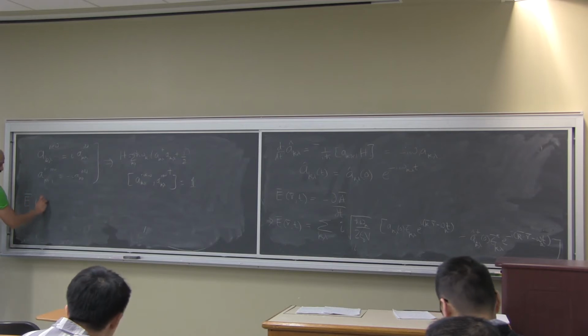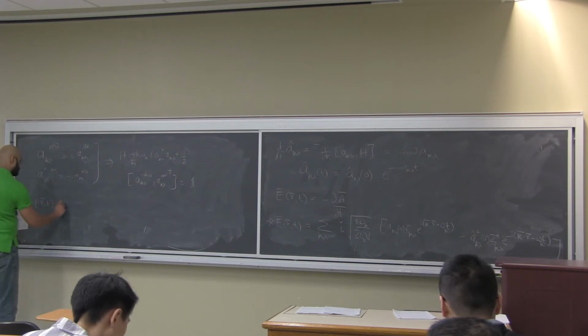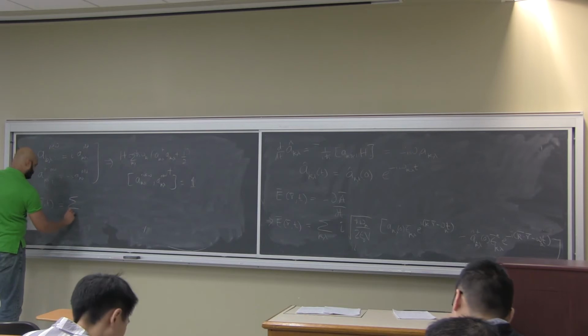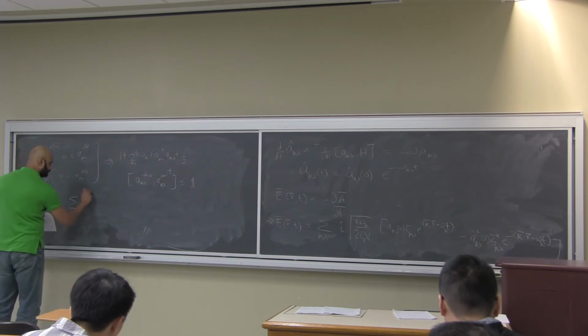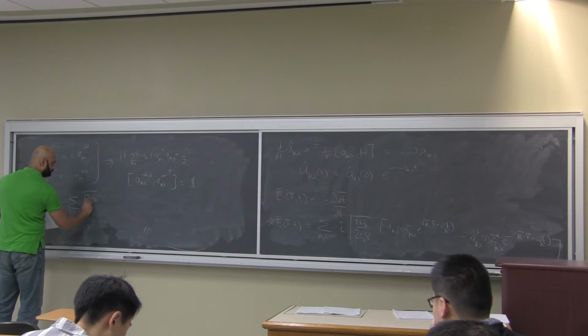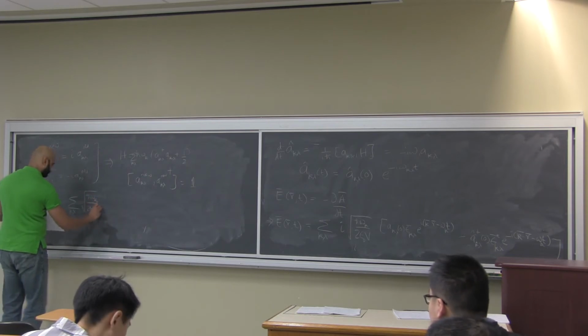of r comma t is simply a summation over kλ of ħω_k over 2ε₀V.